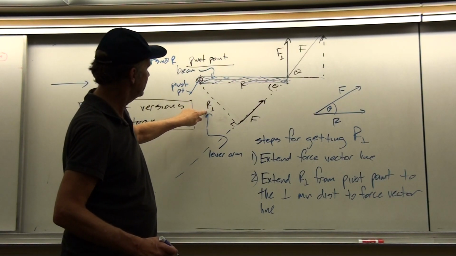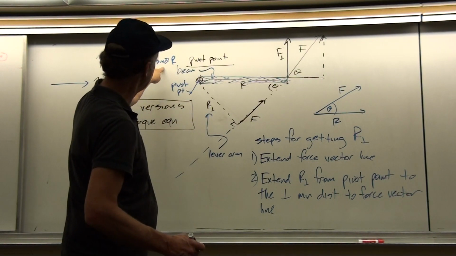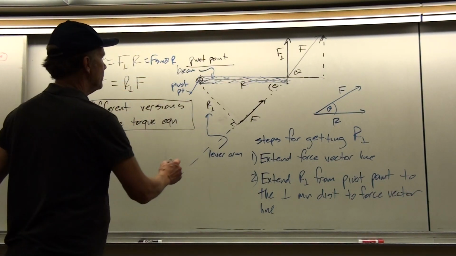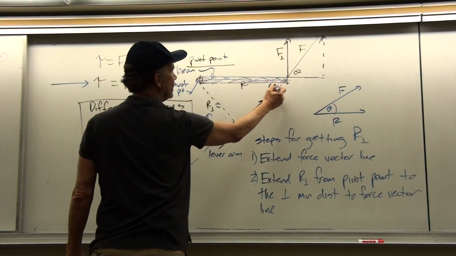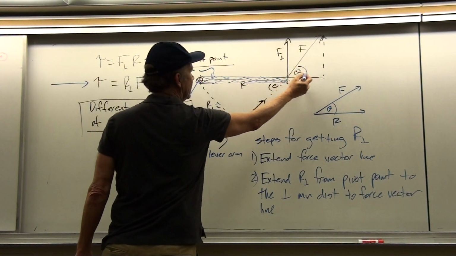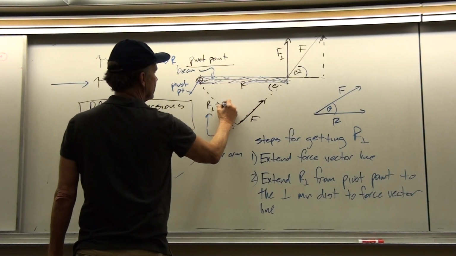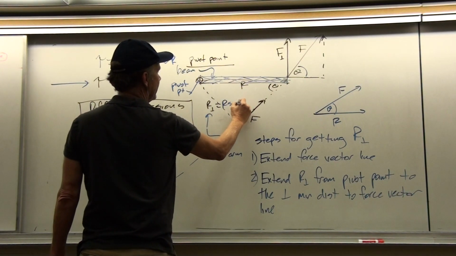Now how does that relate? It should give us the same result as we got here. But r perpendicular, if this is r, and because vertical angles are equal, this is still theta, then r perpendicular is r sine theta.